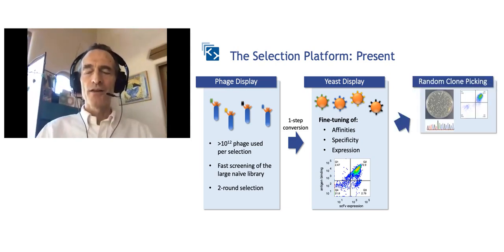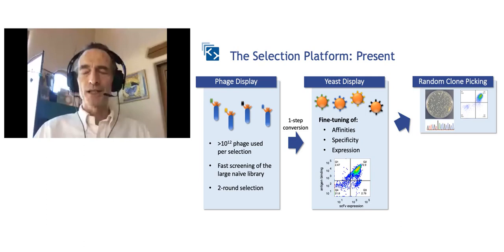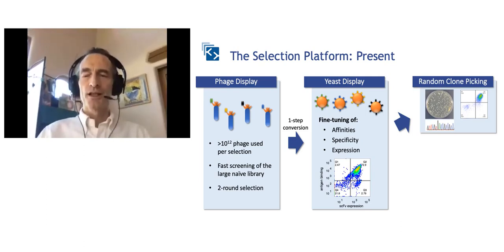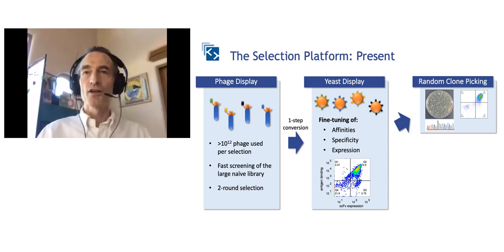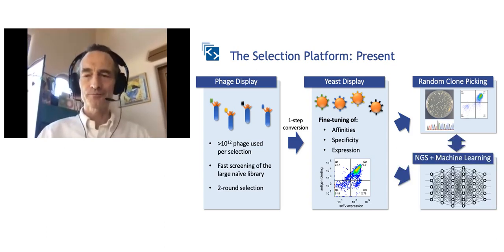And then we do random clone picks, very much what everybody else has done. And you generally get more antibodies the more clones you pick. It's as simple as that. However, I've always felt that the true depth of diversity isn't really being matched by random clone picking. And the only way you can do that is by doing next-gen sequencing to look at the full extent of a selection output.